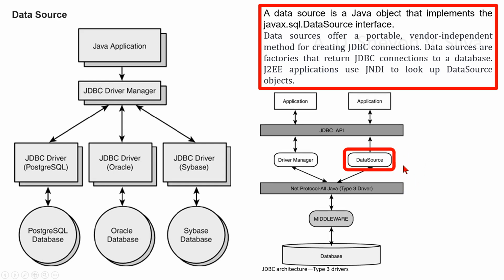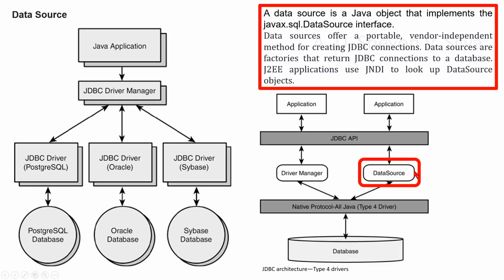In type 3 drivers, the data source interacts with the JDBC API and the net protocol, all Java, type 3 driver. In type 4 drivers, the data source interacts with the JDBC API and the native protocol, or type 4 driver.